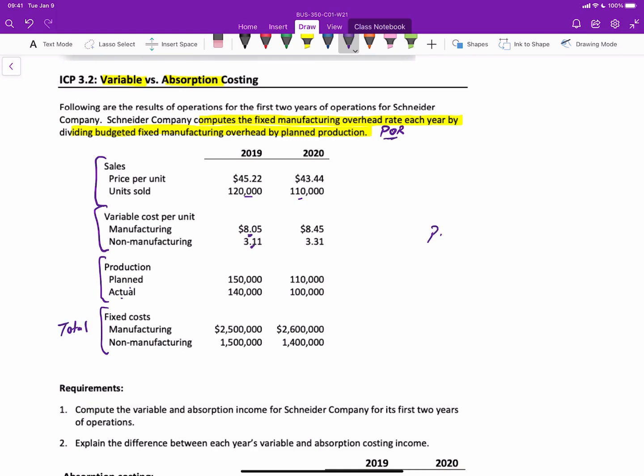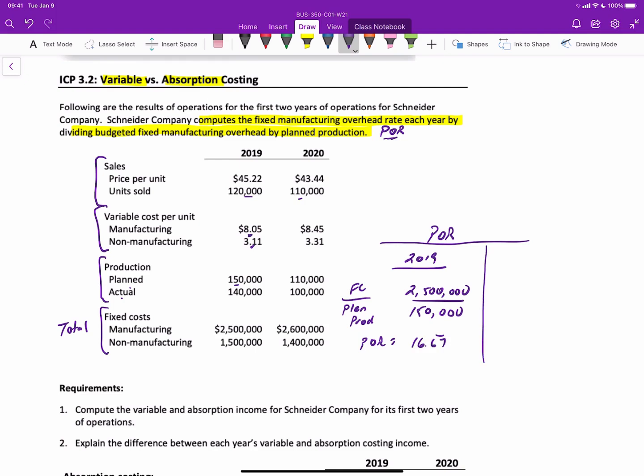So let's calculate the predetermined overhead rate for allocating fixed overhead. We're going to do this for 2 years, 2019 first. And we know that the calculation is basically fixed cost over planned production. So the fixed costs for 2019 are $2,500,000, and we're going to divide by planned production of 150,000. And that will give you 16.67 repeating as a predetermined overhead rate.